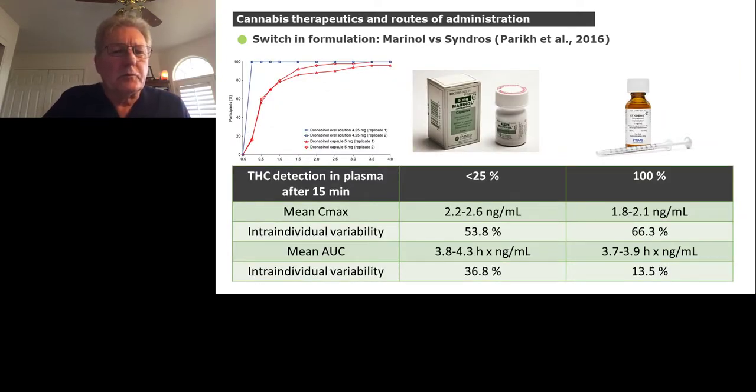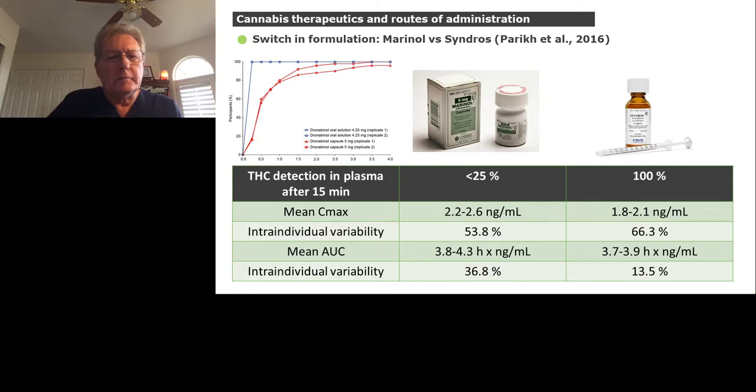Now, to appreciate the difference in formulation of the same drug, take a look at THC detection in plasma after 15 minutes comparing Marinol and Syndros. Marinol is swallowed as a capsule and Syndros is a liquid.